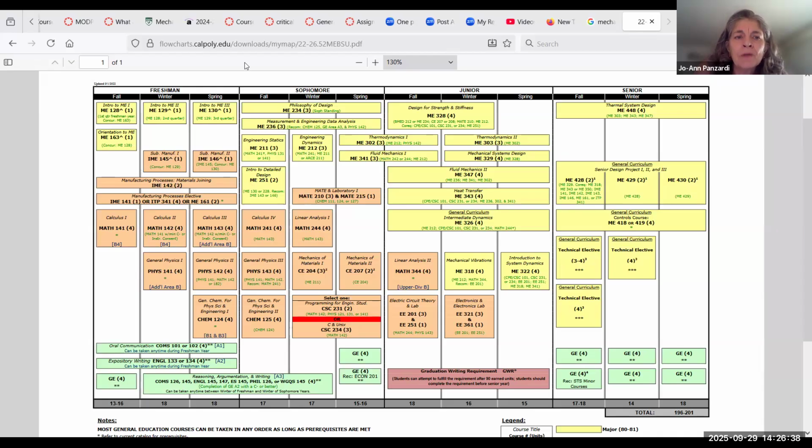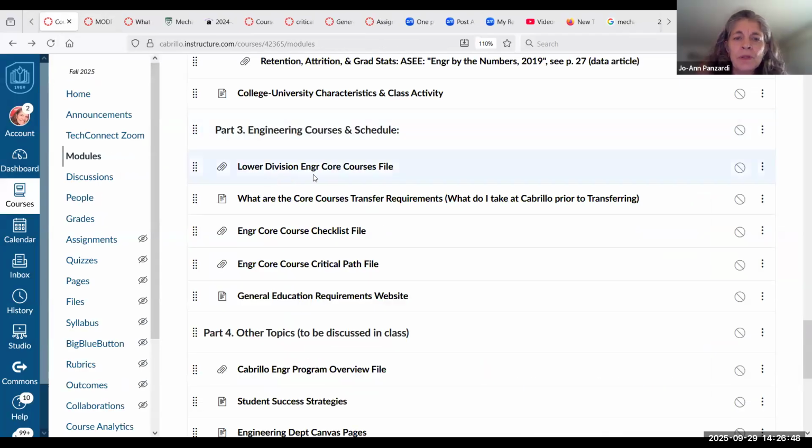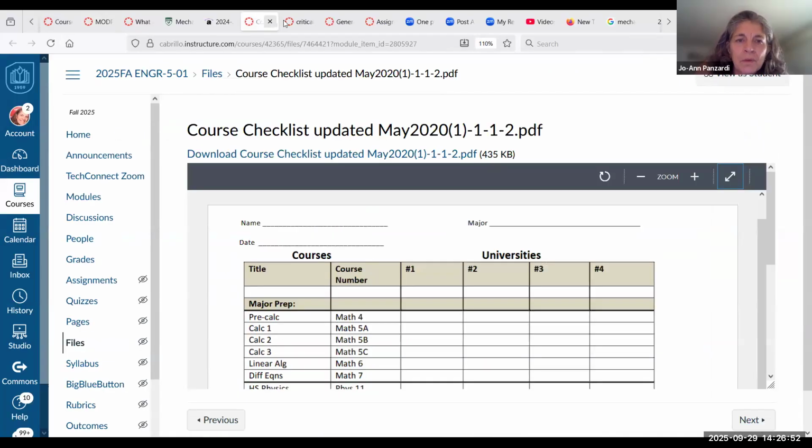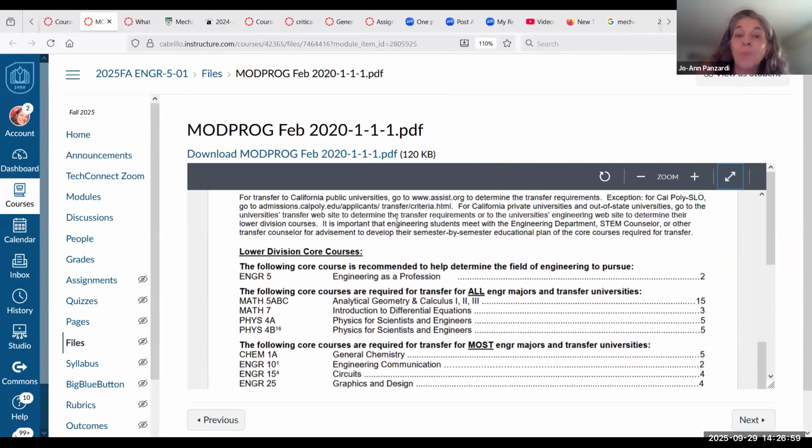Okay, so let's go back to the module. So we looked at the list of lower division courses, which was this page that lists all our courses.